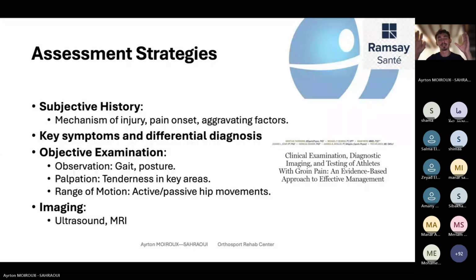And for that, you need to follow an assessment strategy, like I talked about, like subjective history. Most of the time, if you take the time to talk with your patient and let them talk, they will tell you clearly what they have. They say, I have pain when I'm doing that, and the pain comes.